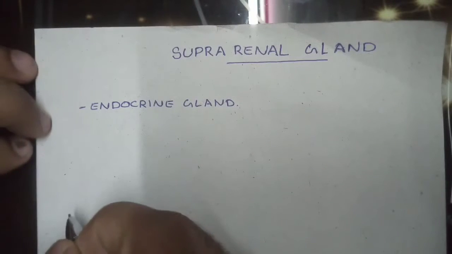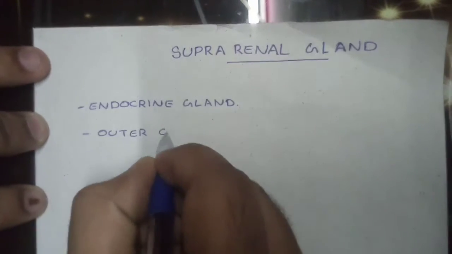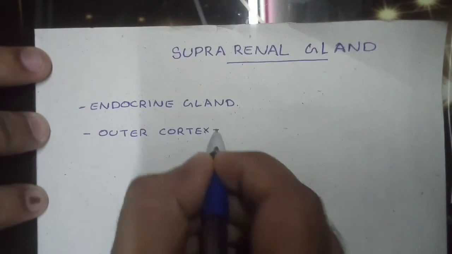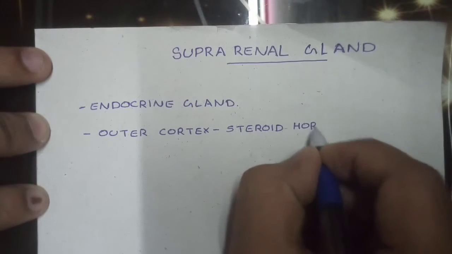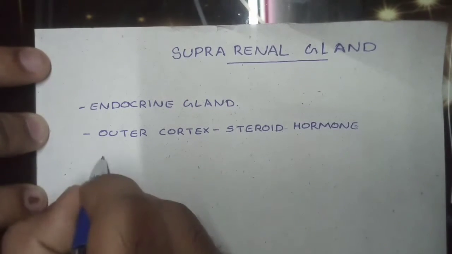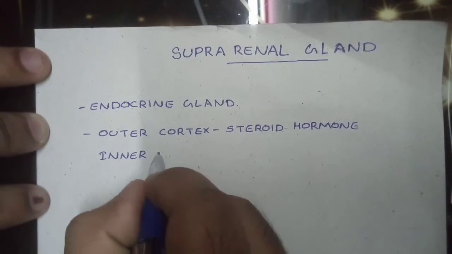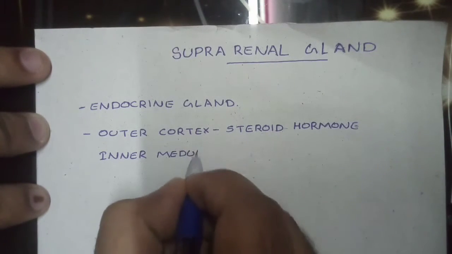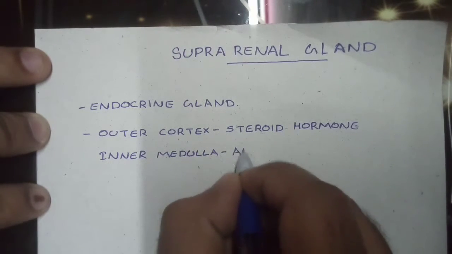It has mainly two parts: an outer cortex, which is of mesodermal origin and secretes a number of steroid hormones, and an inner medulla of neural crest origin, which is made up of chromaffin cells and secretes adrenaline and noradrenaline, or catecholamines.